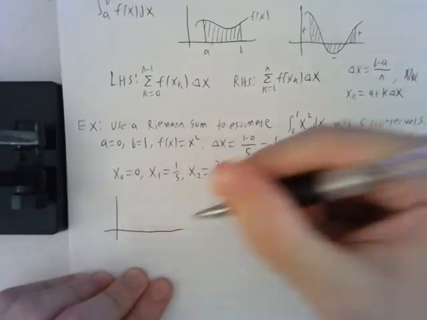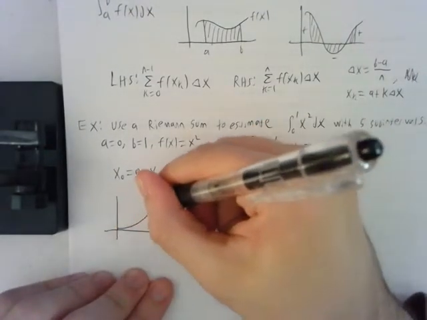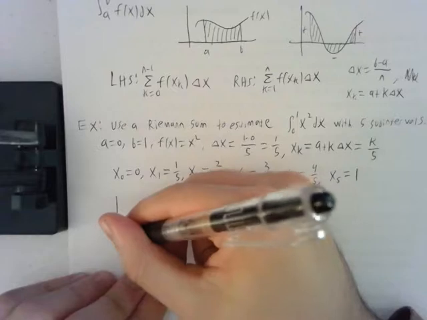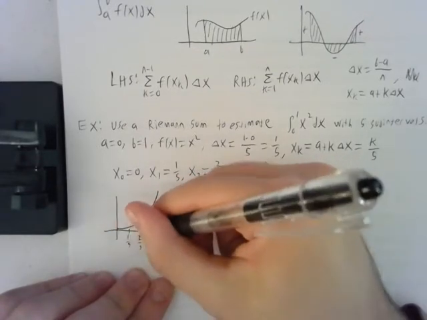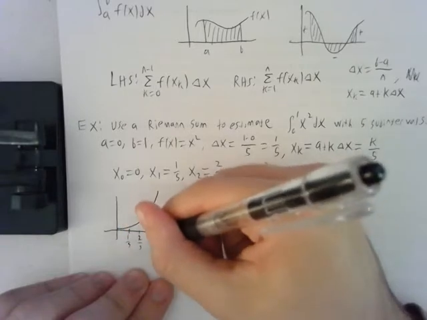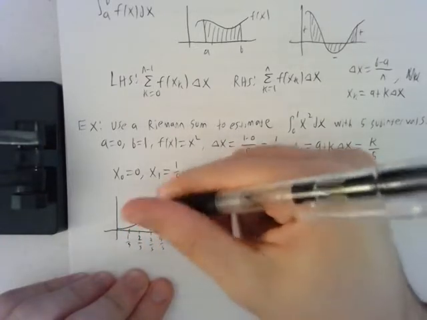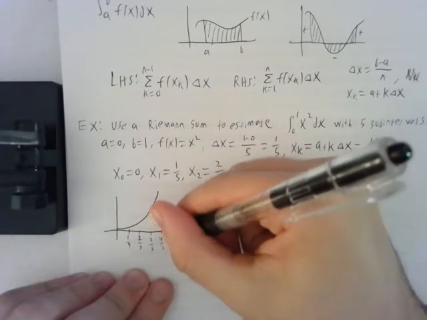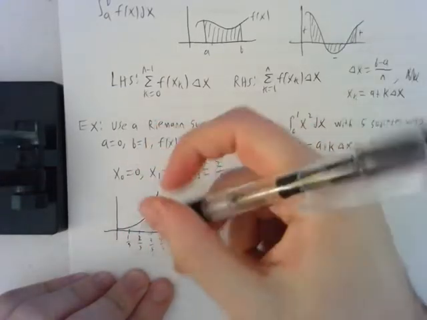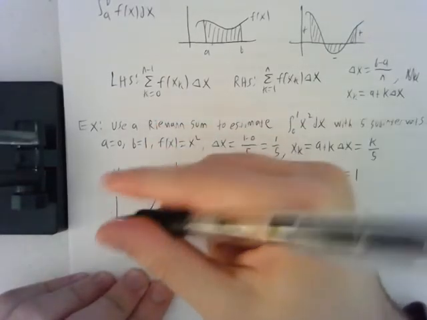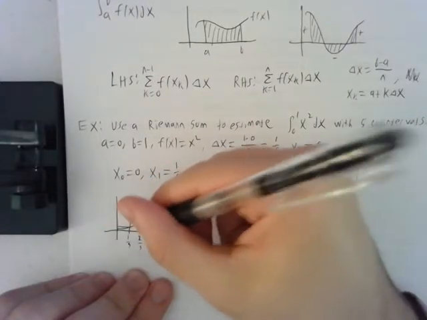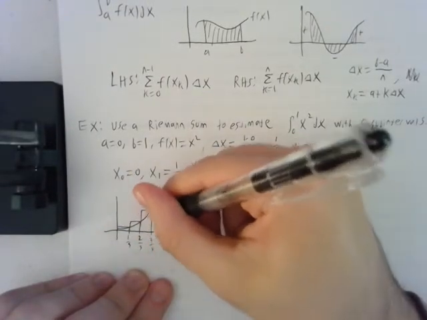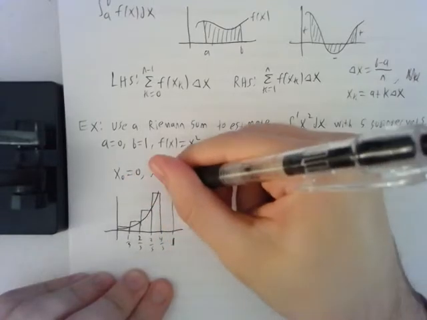So we have our parabola here, and we're dividing up the region from 0 to 1 into 5 equally sized pieces. And then we'll form some rectangles to estimate this integral.